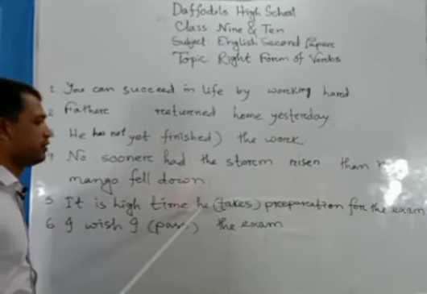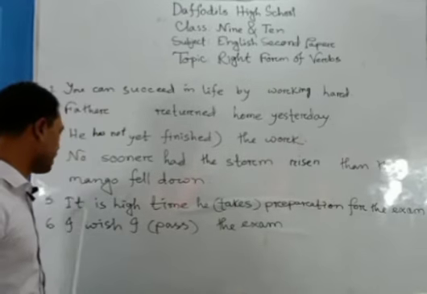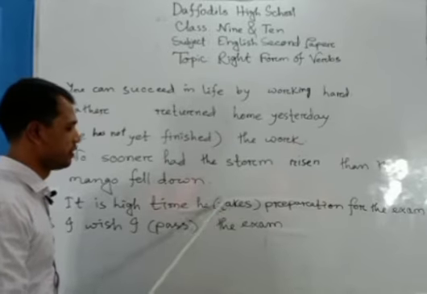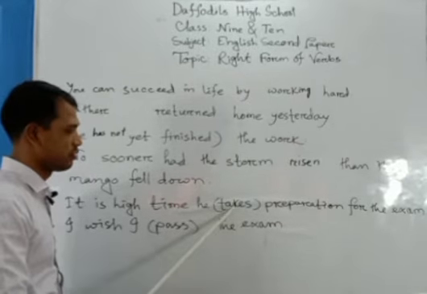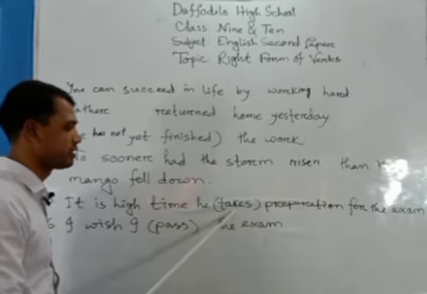So, take a look at this sentence. It is high time he takes preparation for the exam. We have said that after "it is high time", we'll use past indefinite tense. But here the verb pattern is in present form. For this reason, we have to correct this pattern.